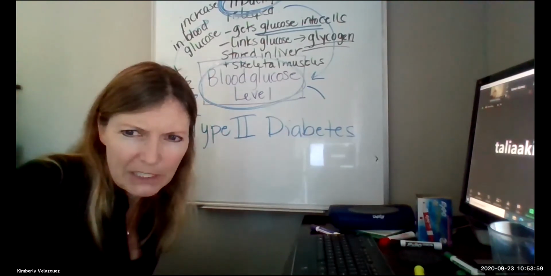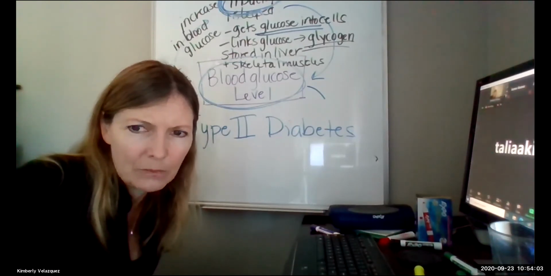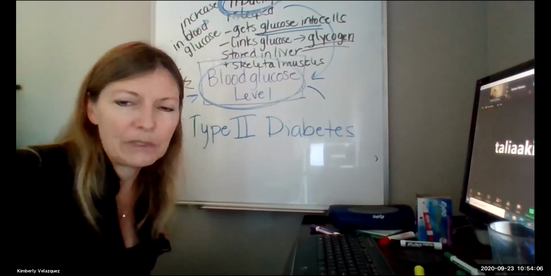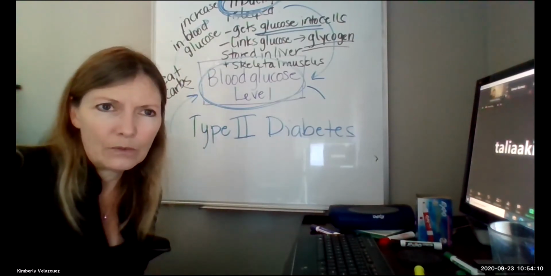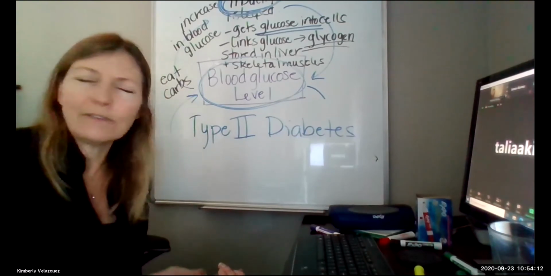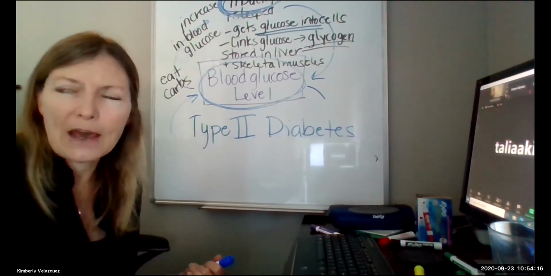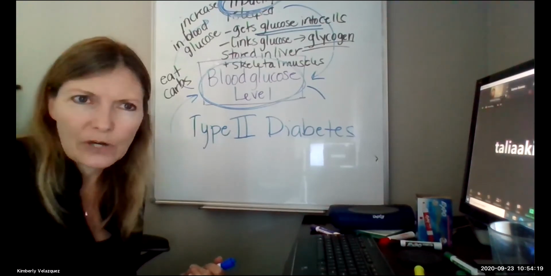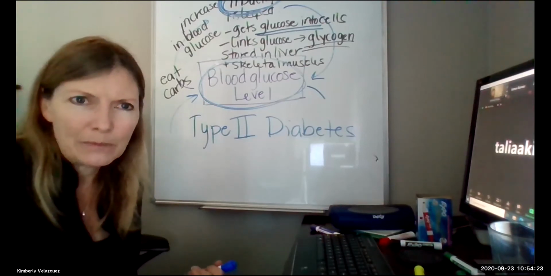So type 2 diabetes is when you eat too many simple carbs and your body becomes desensitized and you need more insulin than normal. Yes, it's becoming desensitized to the insulin. So it's kind of like if you live on a busy street, when you first move in to that house, you hear the traffic all day long and it drives you crazy. Over time, you become desensitized.